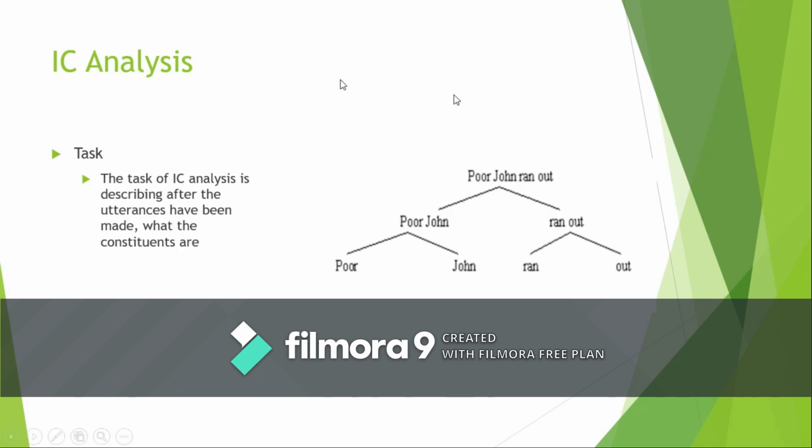Okay, let's look at this example. Poor John ran out. This is a construction. It can be divided into poor John and ran out. So these two are immediate constituents of this construction, poor John ran out. And then poor John is again a construction because it can be further divided into poor and John.